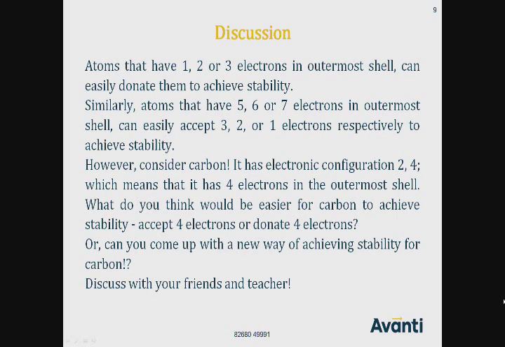It should accept or donate. What do you suggest? Done?